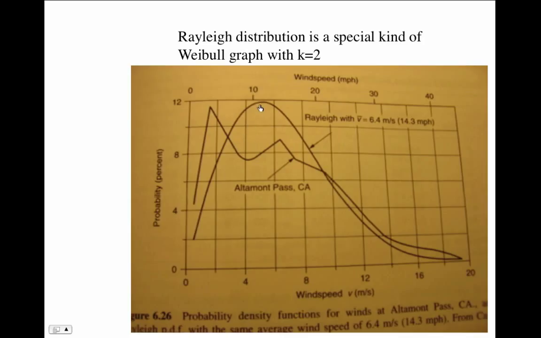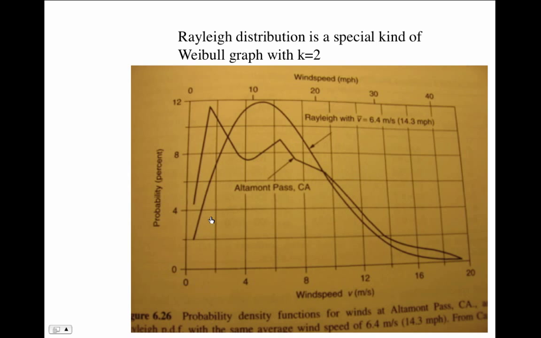So what it's saying is that 12% of the time the wind is at around 12 meters per second, 12 miles per hour. And at 4% of the time, the wind is at maybe 25 miles per hour. So just showing you that most of the energy in the wind is right here.